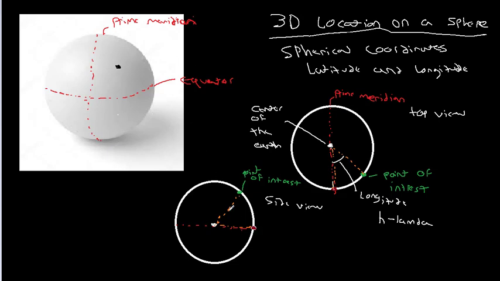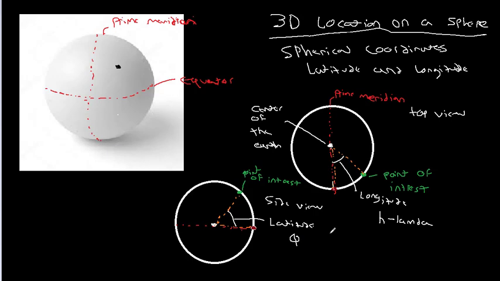This angle right here is going to be our latitude. And you'll oftentimes see latitude abbreviated with a phi, which looks like a 0 with a vertical line through it.